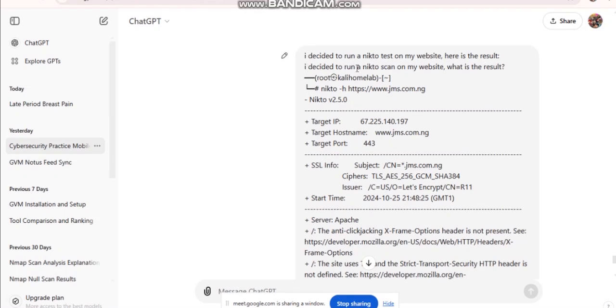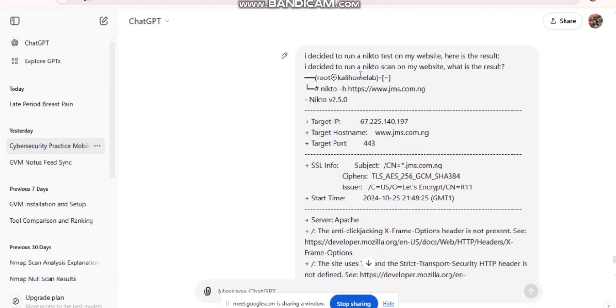I decided to run a Nikto scan on my website. What is this result? So this is how I interact with ChatGPT. It already has information of what I'm trying to do previously. I'm working on some projects on home lab. So any answers given to me are going to be tailored to this information.